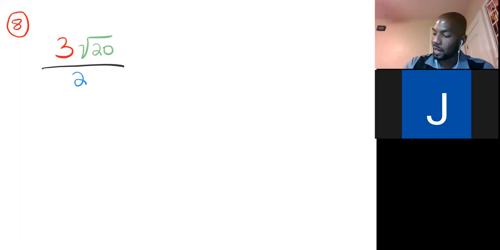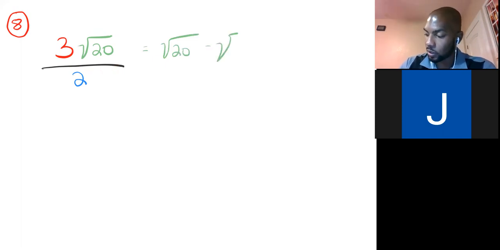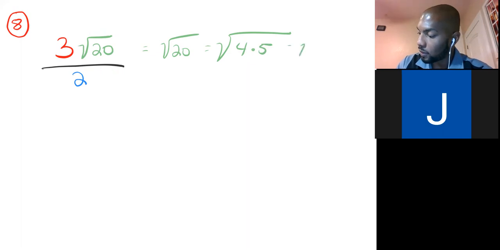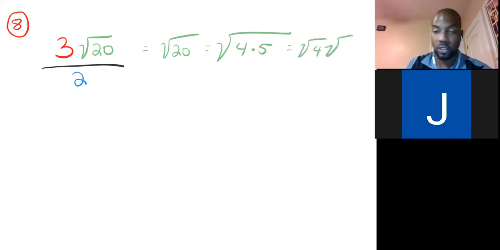Well, if I remember from my original lessons, rad 20 can be rewritten as the product of a perfect square, which would be 4 times 5. 4 times 5 translates into rad 4 times rad 5. The answer to rad 4 is 2.